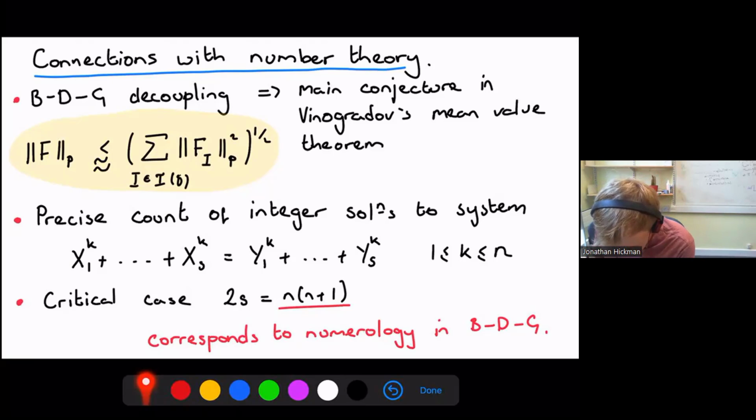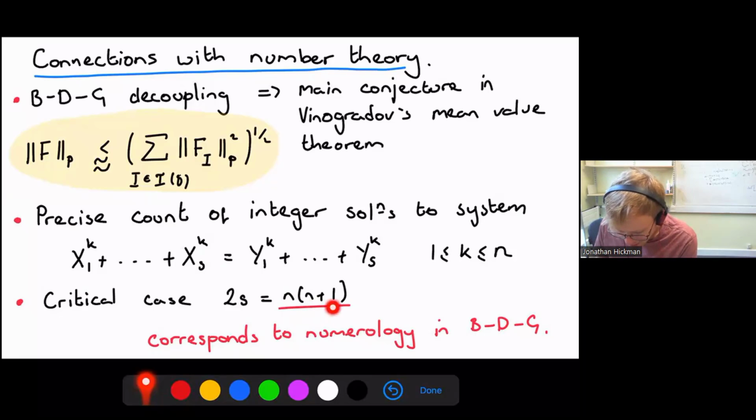It turns out for this problem, the critical case is when the number of variables, which here is 2s, is equal to n times n plus 1. And once you understand the solution count for this special case, you can deduce the number of solutions for other parameters by elementary means.